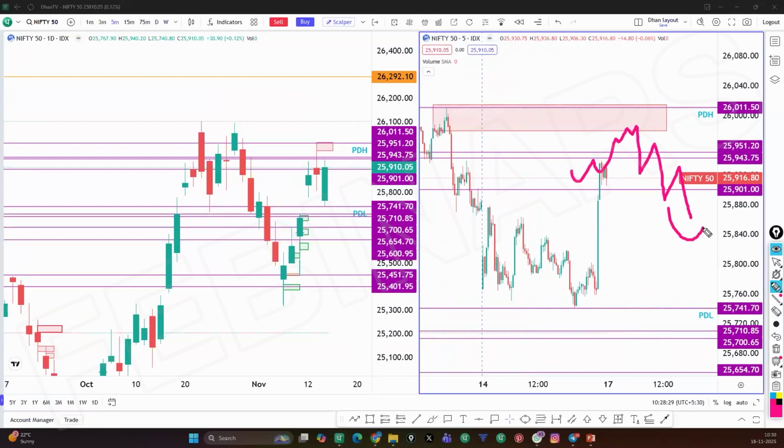I'll become bearish if the market opens, trades, and suddenly breaks the opening range downside.